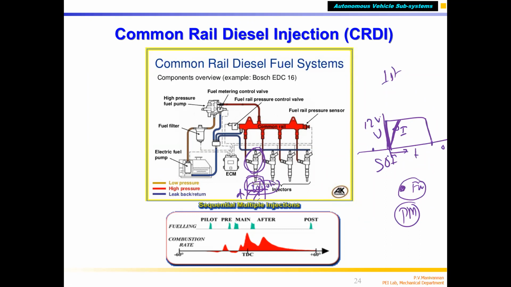Similarly, when the injector is closing, we want it to close instantaneously. But being a solenoid, an inductor, even if you stop the current it drops slowly because of the magnetic field, so the injector takes some time to close. Opening takes time, closing also.